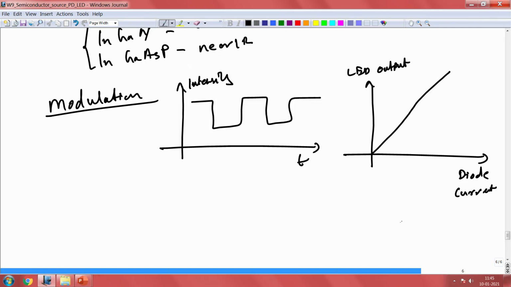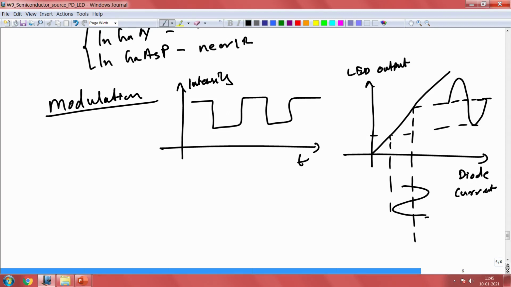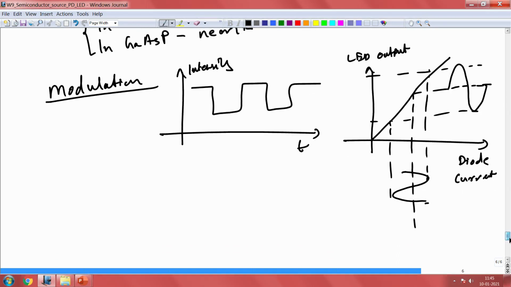Because of this, when you change the diode current, this should result in a change in our intensity as well. So, that is what you are looking for. You want to make sure that the LED output changes with input current. Is it possible to do that? Of course, it is possible.